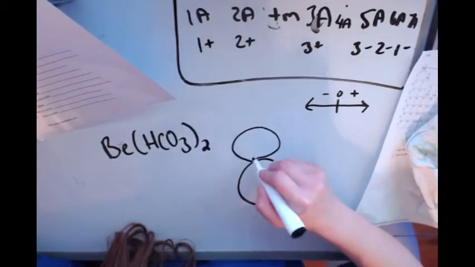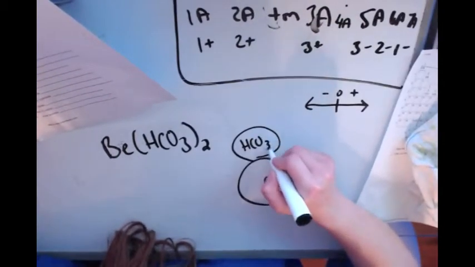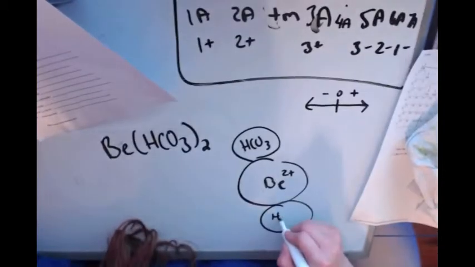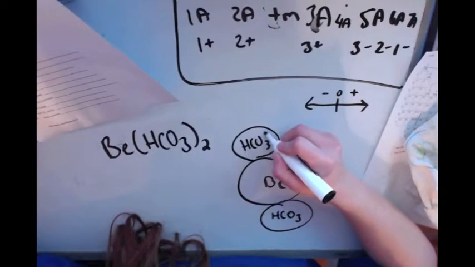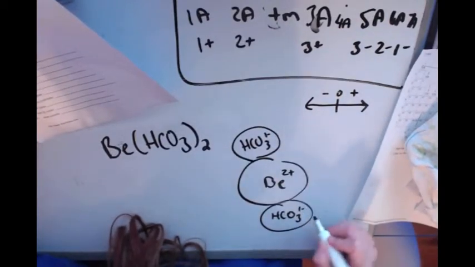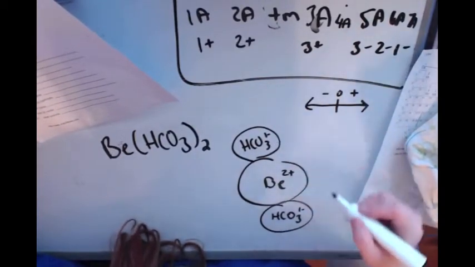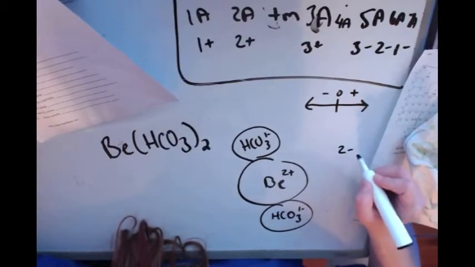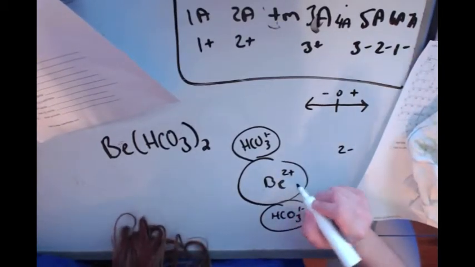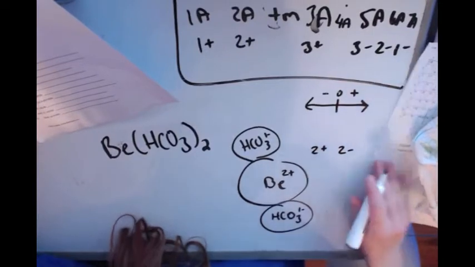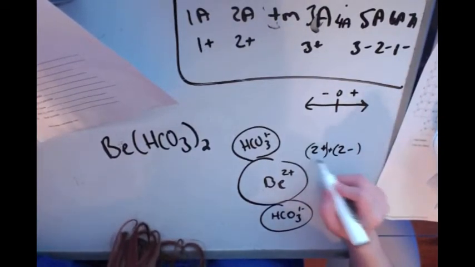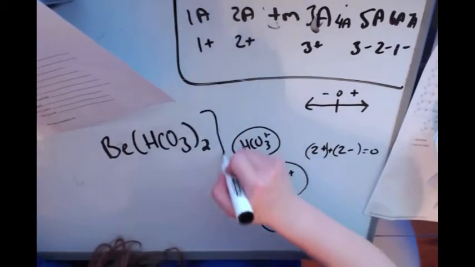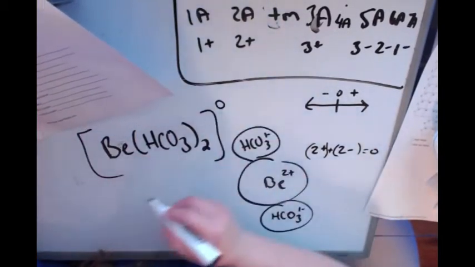And you have 2 HCO3s, and each of them has a charge of 1 minus. So you see how 1 minus plus 1 minus equals 2 minus, and how this 1 beryllium has 2 plus. And you see how those would combine to equal 0 and give you a neutral ionic compound.